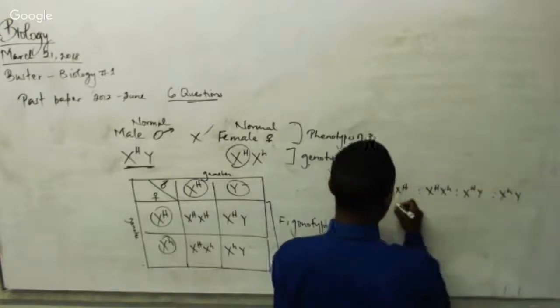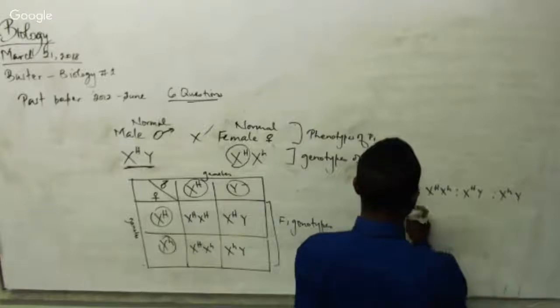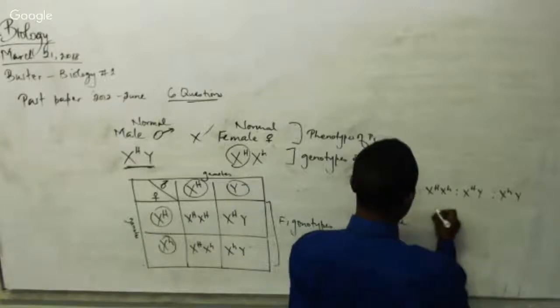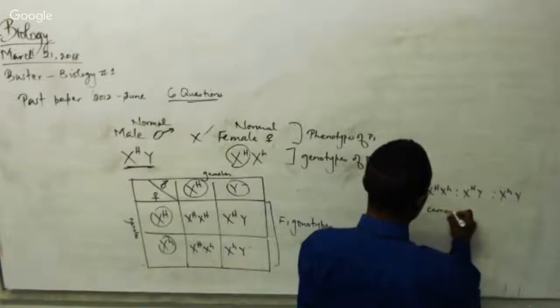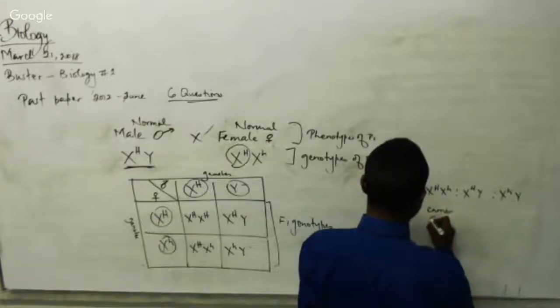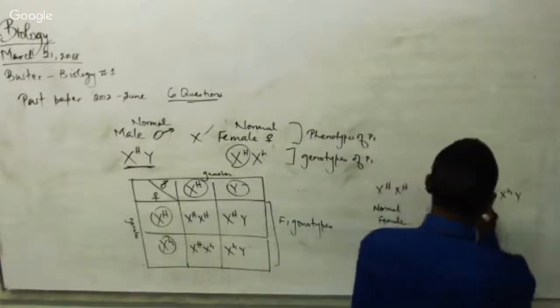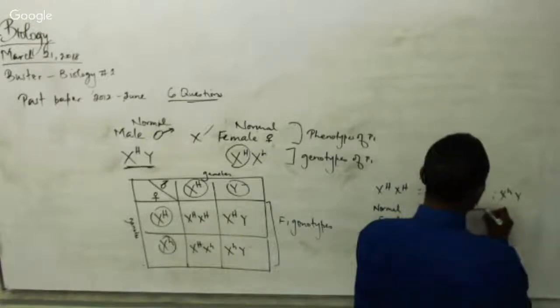Alright, so you're going to get a normal female. Carrier female, which is still normal. And you have a normal male. That's the normal row.